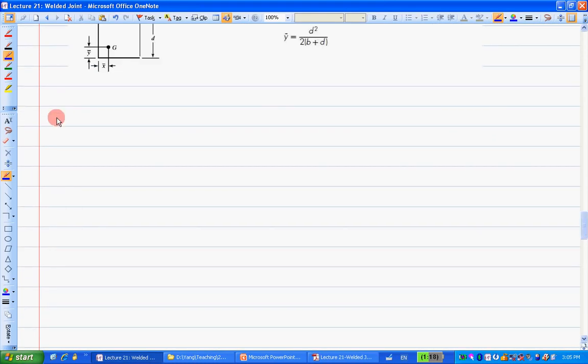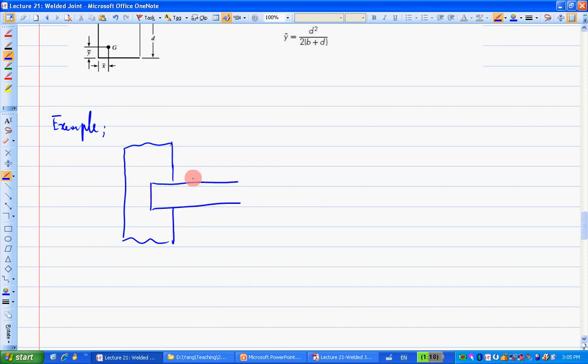So let me show you an example right here. So let's say I have a 2 metal piece, okay, and then we weld them together, and here is the welding information.